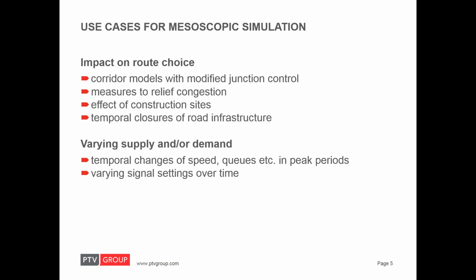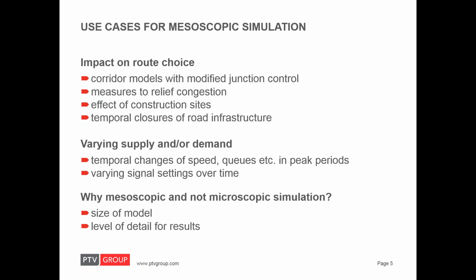One can specify use cases in terms of supply and demand, meaning that you want to simulate models with varying demand over time and also changes on the supply side. Like I said before, speeds, for example, could be changed, or signal timings during the simulation. And as a result of these changes, you would like to monitor, for example, the build-up and relief of congestion over time. So now you can argue that this could be done using microscopic simulation, but there are two arguments that would favor mesoscopic simulation.